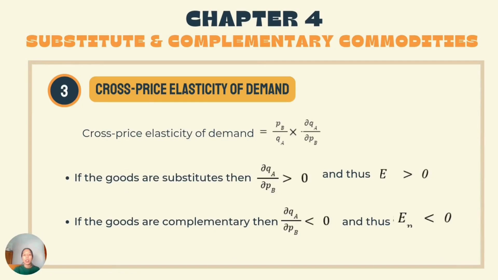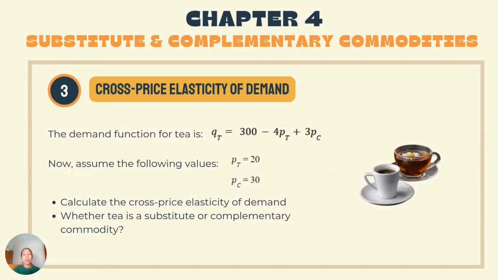Okay. So now I will give you an exercise where you can use that formula. The demand function for tea is this function, and we give you the values of the price of tea, which is 20, and the price of coffee, which is 30. Now calculate the cross-price elasticity of demand, and determine whether tea is a substitute or complementary commodity.